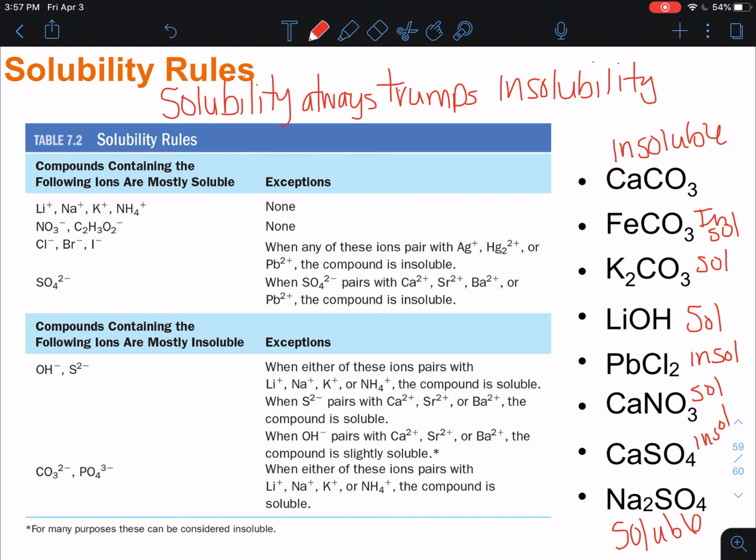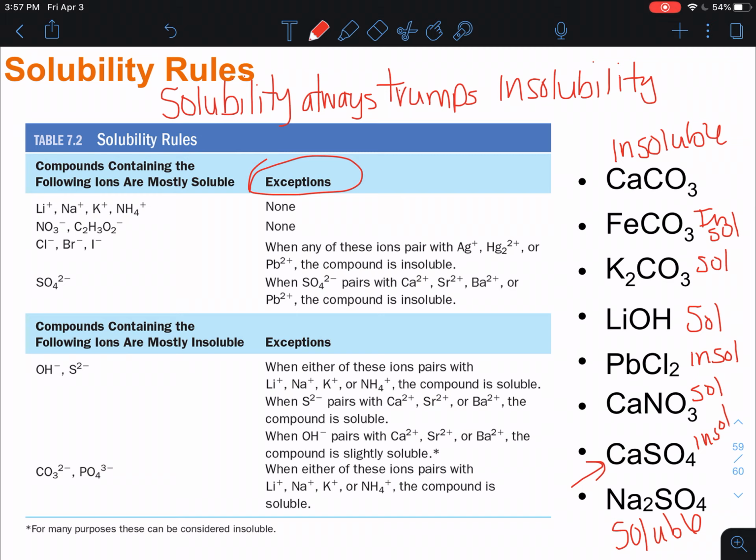And then if there are exceptions, like we had for this guy right here, then it's going to be insoluble. So always look at the exceptions. Know that solubility always trumps insolubility, but you're going to have to look at the cations and anions and understand essentially how to read this table.